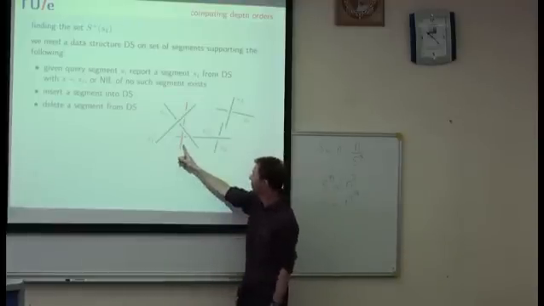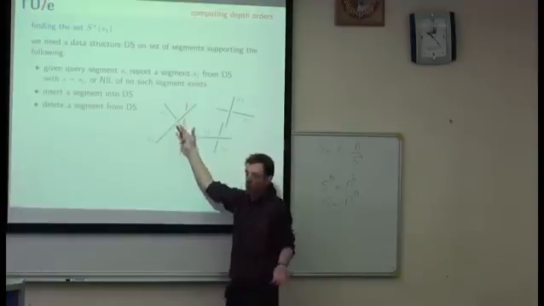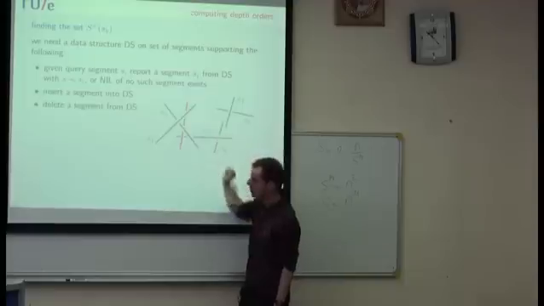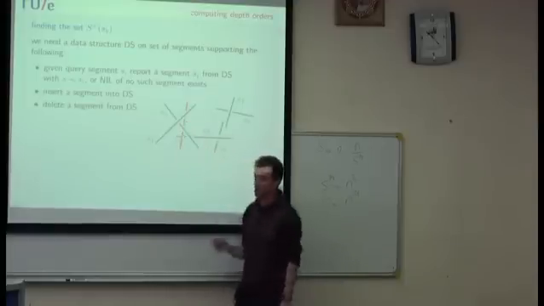So here, which ones could it report? Well, S1 or S2. It should not report S3, because S3 is behind, and I want something that is actually in front of S.